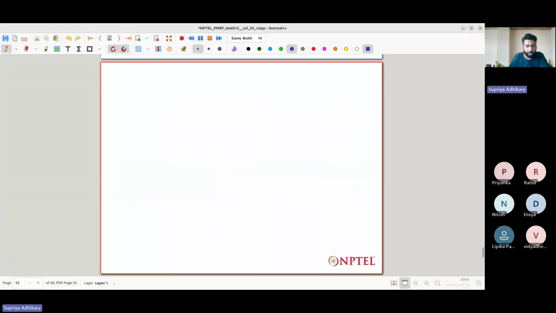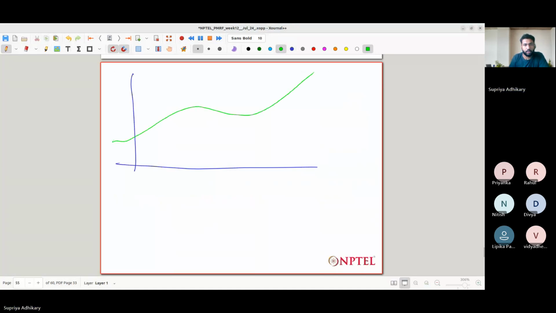Now, in Shamir secret sharing, what have we seen? First, whoever is the issuer, basically the dealer, selects a random polynomial. Let's say the degree of the polynomial is t.